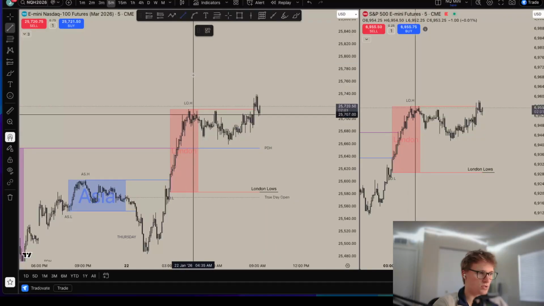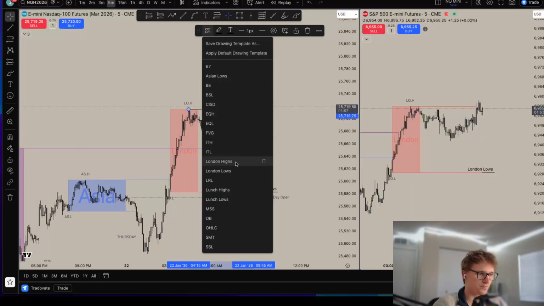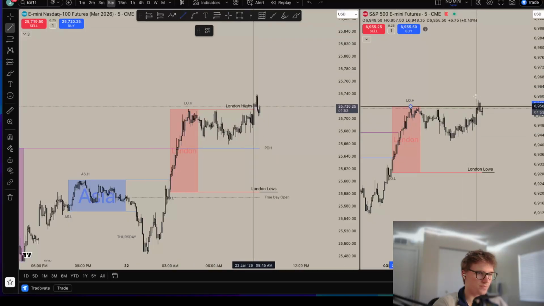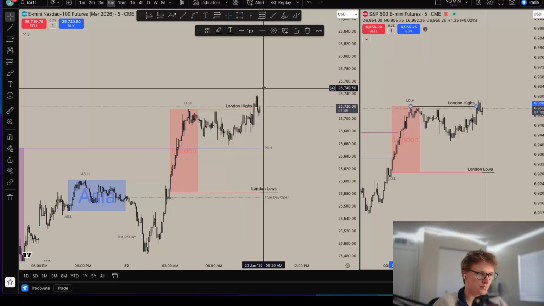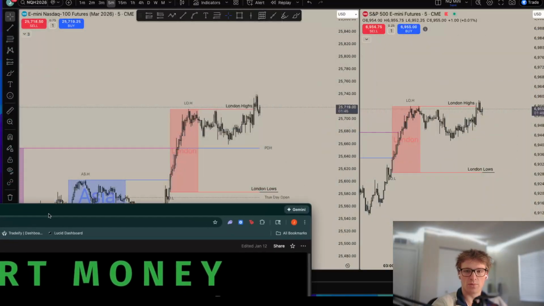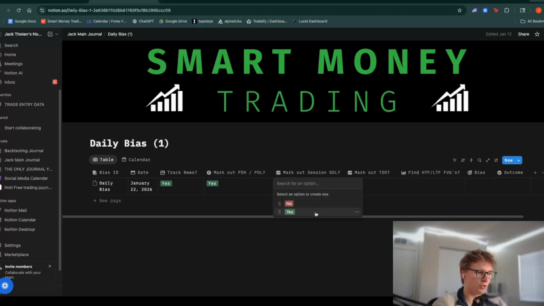Looks like we have already swept out London highs on both assets. Same with Asia highs and Asia lows. So no more session draw and liquidity that we have to mark out for the day. Now with that being said, we can put yes to this.